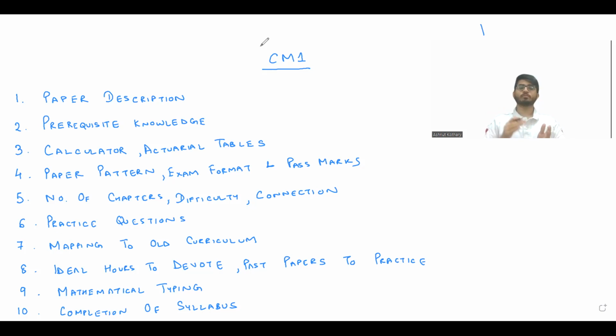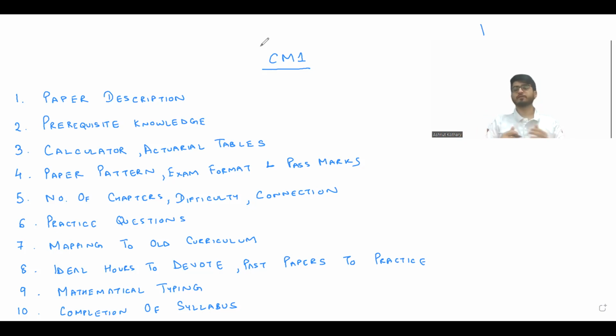Those who have prepared for ASET in a very structured way, or who have studied for CS1 previously, would have already covered this. For those appearing for their first examination in the form of CM1, don't worry, there would be a separate lecture or a video which we would make available to you all, covering the statistical portions that would be required more so from chapter 14 onwards. For the first 13 chapters or so, you wouldn't be requiring this.